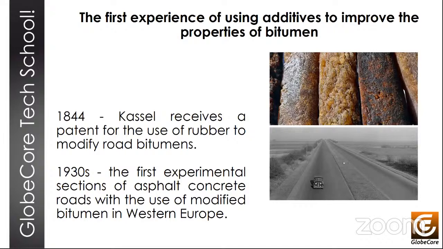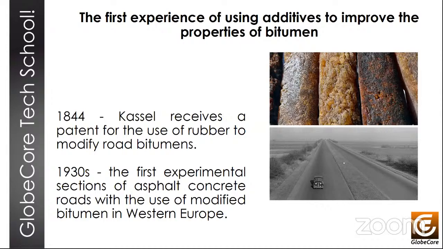So if we want to improve the quality of bitumen that we use in our roads, the only way to do that is with additives, right? One of the first additives used in practice was rubber. First it was natural rubber, and then synthetic rubbers. The introduction of rubber into bitumen is first mentioned in British patents. The first patent for such a mixture belongs to Hancock. In America, a similar patent belonged to Charles Nelson Goodyear.